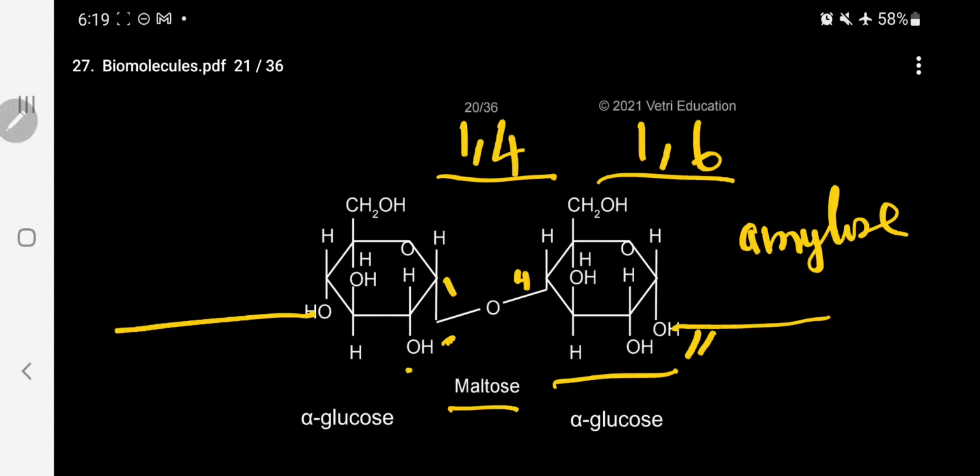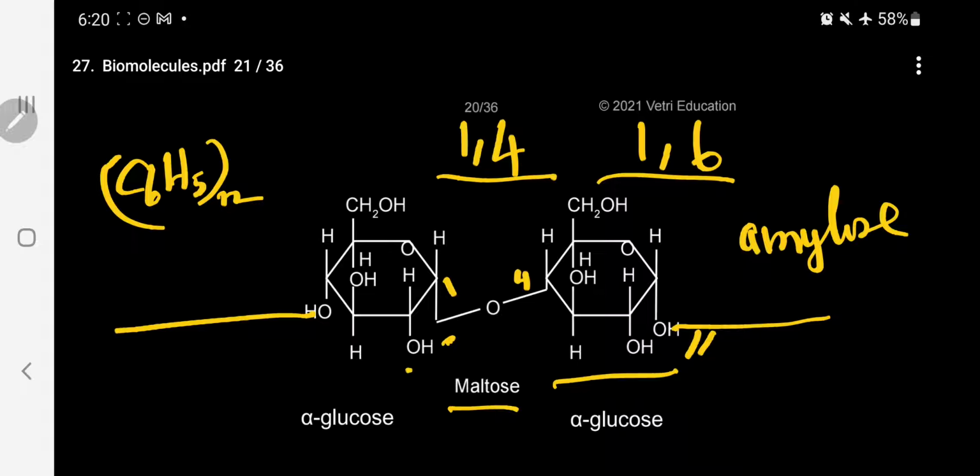Please follow. If it is extending a number of units, I can simply write C6H10O5 n value. It is going on connecting. That is called amylose, 1,4 linkage of alpha D glucose. Then what is amylopectin?